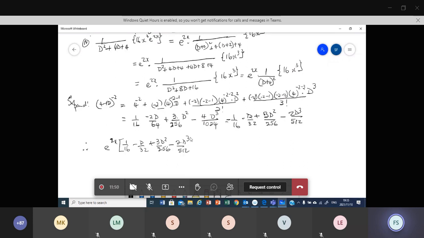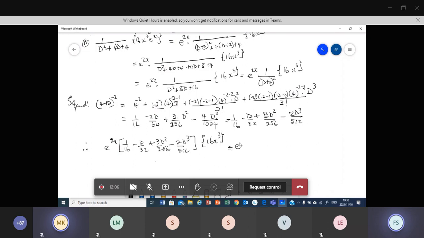That is the expansion. You can simplify that 2 over 512, but you get the same answer.